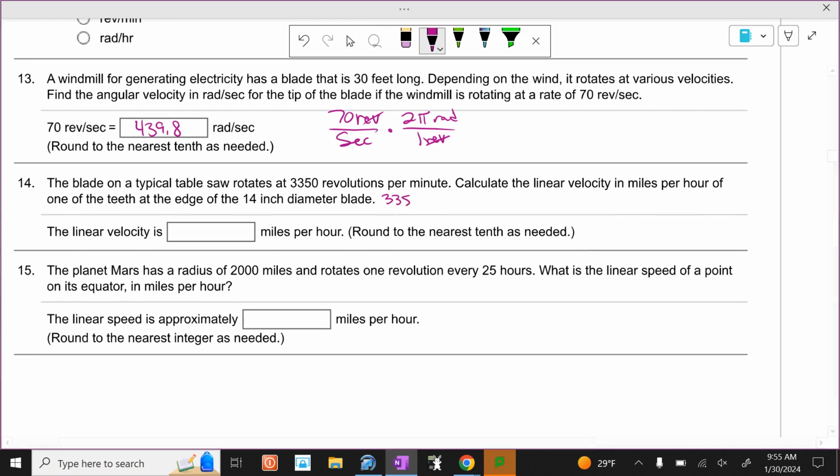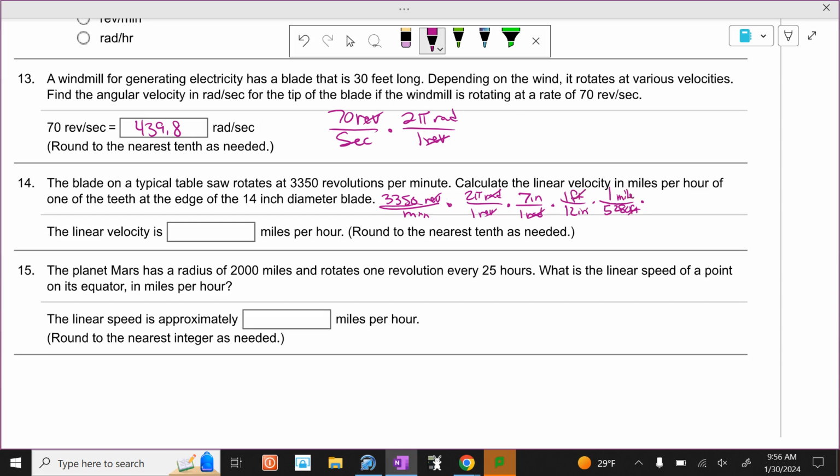So 3350 revolutions per minute times 2 pi radians per revolution times how many inches is the radius? 7 inches is the radius, times there are 12 inches in 1 foot and then 5,280 feet in 1 mile.